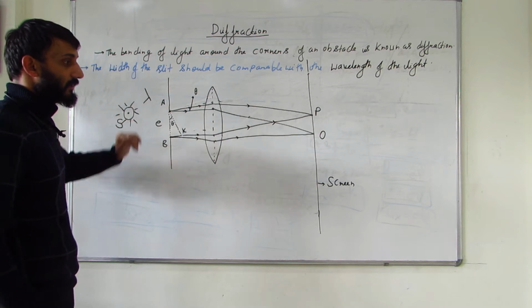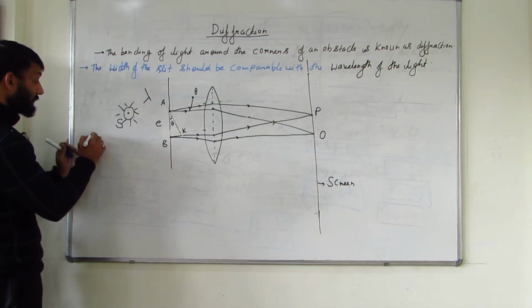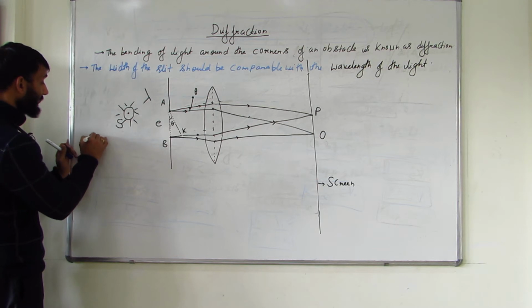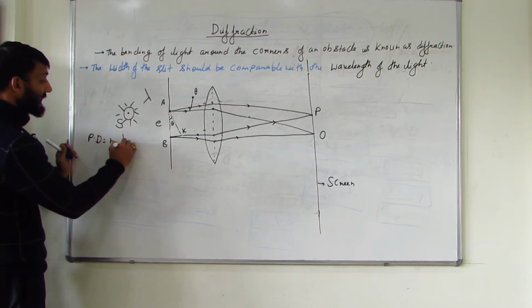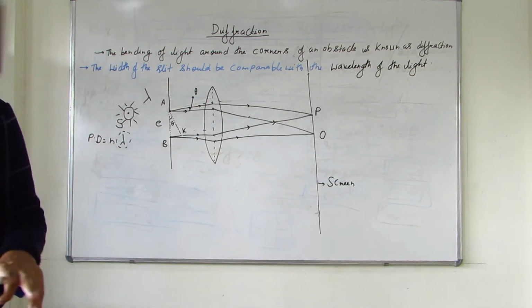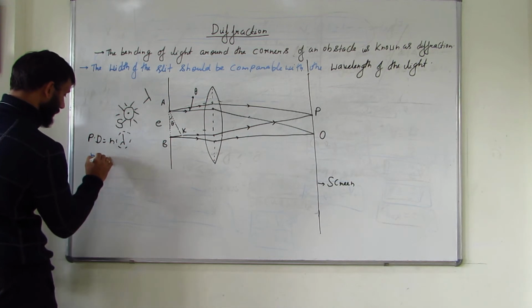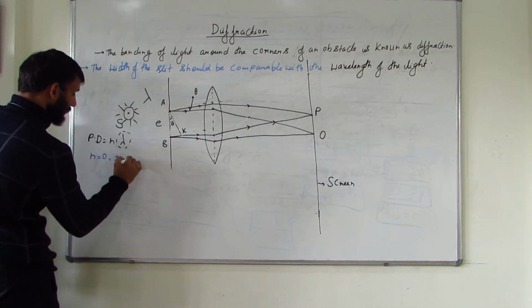If you remember, the condition for constructive interference was that the path difference should be equal to n lambda, where the value of n is 0, 1, 2, 3.